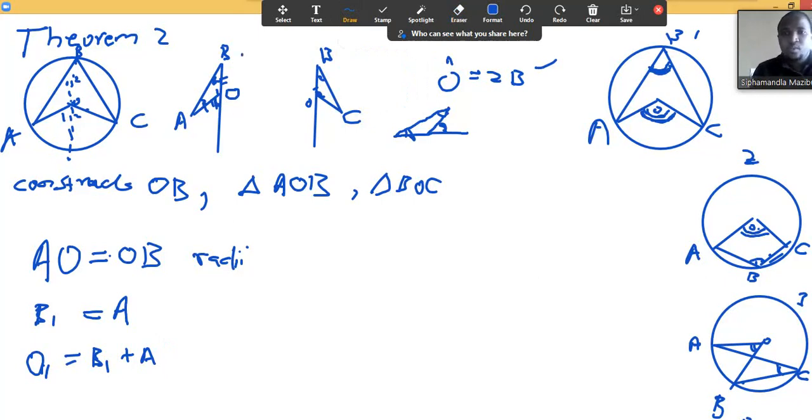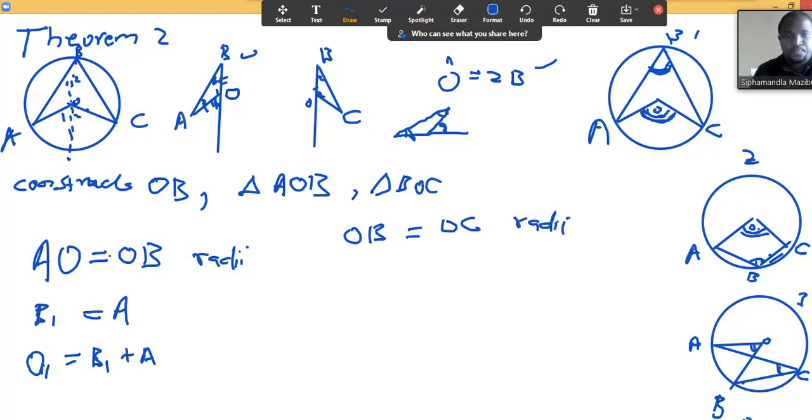We're done with this first diagram. Let's look at this second diagram. What we can say here is that OB is equal to OC. The reasoning will be radius.